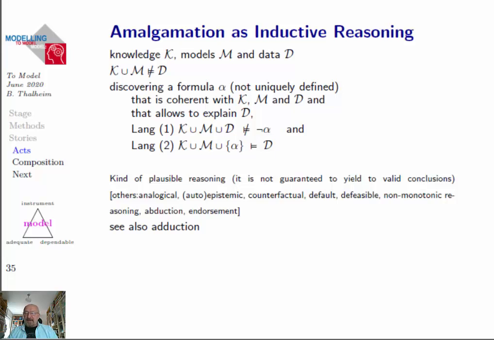That means in this case we have nothing else as we try to derive some kind of alpha, so that alpha is not in conflict with our data, our model and our knowledge, but at the same time alpha explains our data.